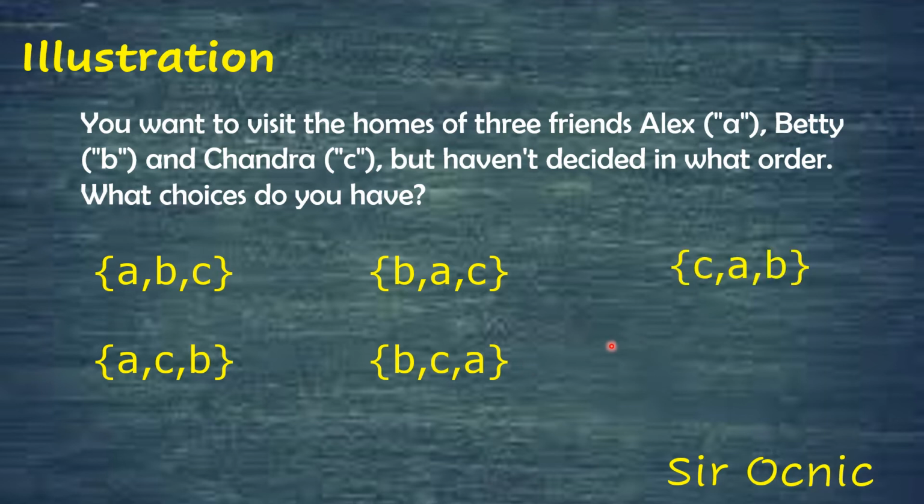So you have the options Chandra's house, Alex's house, and Betty's house. Or also Chandra's house, Betty's house, and Alex's house. So all in all, you have 6 possible ways in visiting your friends' houses.